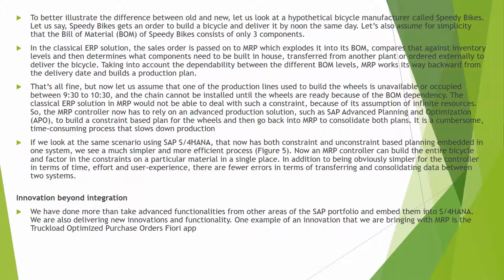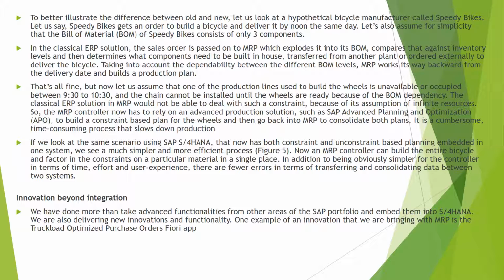That's all fine. But now let us assume that one of the production lines used to build the wheels is unavailable or occupied between 9:30 and 10:30, and the supply chain cannot be installed until the wheels are ready because of the dependency. The classical ERP solution in MRP would not be able to deal with such a constraint because of its assumption of infinite resources.